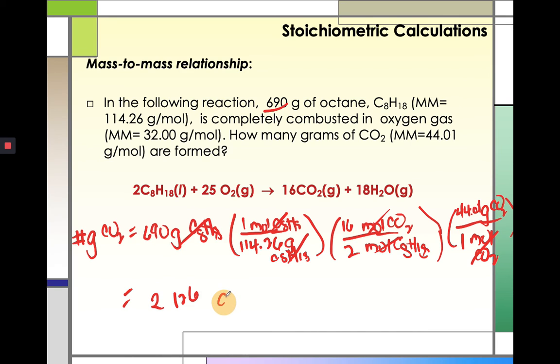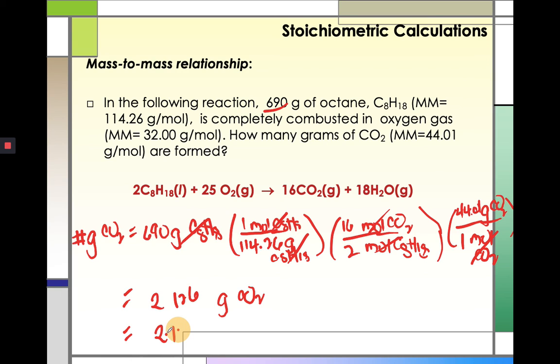Now, you might have noticed that we exceeded the actual number of significant figures in our answer. One thing we could do here is to use scientific notation. Since this is 2,126, we can round it off to 2.1. In the given, we have 2 significant figures, so in the final answer we also have 2 significant figures.